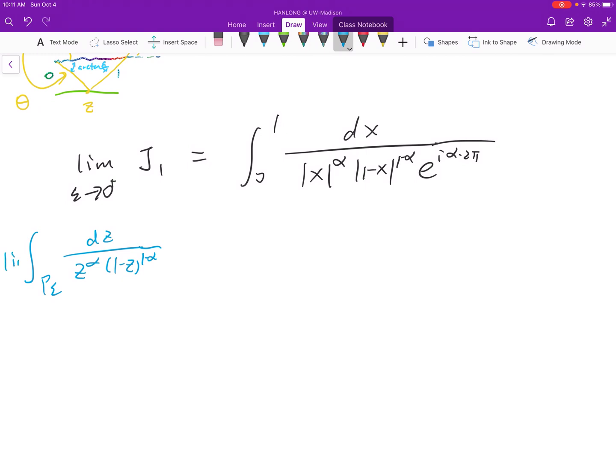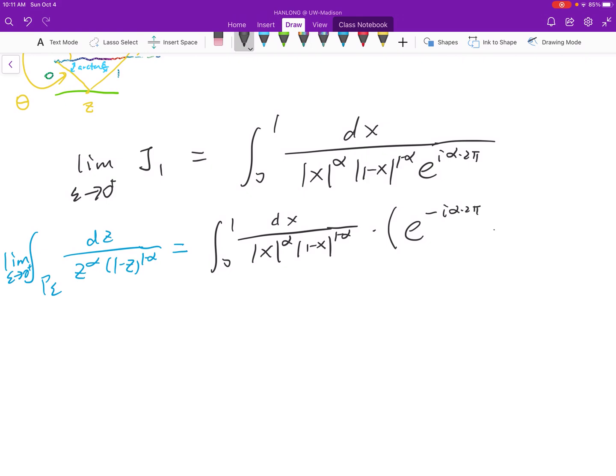If you take the limit, epsilon goes to 0, this is the real integral times exponential negative I alpha times 2 pi minus 1.